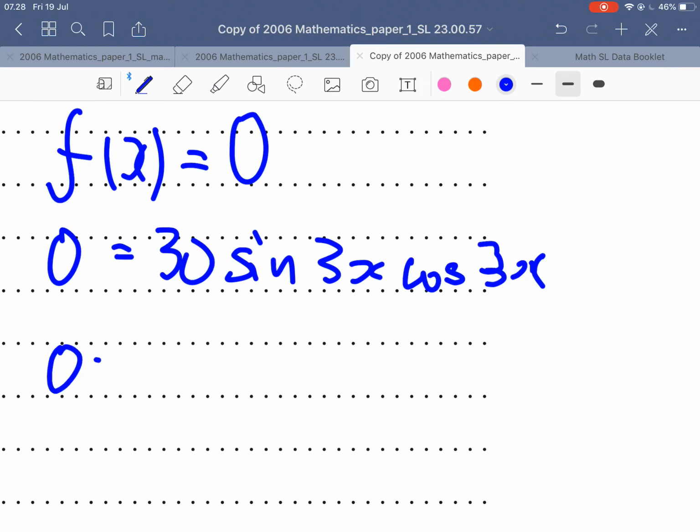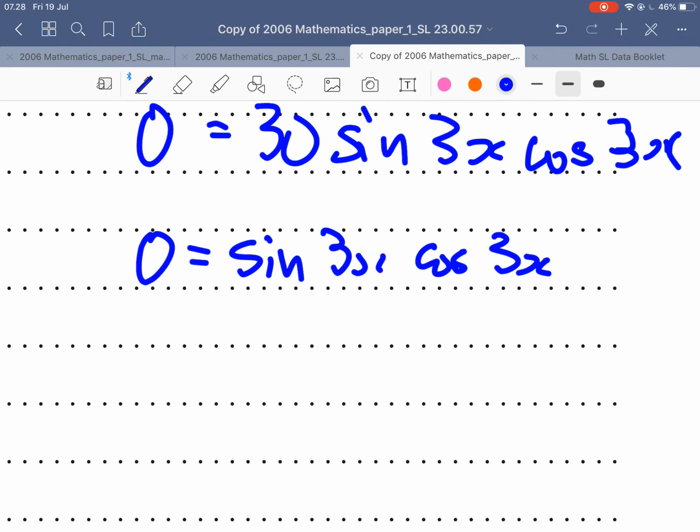So we have 0 equals sine 3x cos 3x. And we're going to set each one of these to 0, so we'll have 0 equals sine 3x.